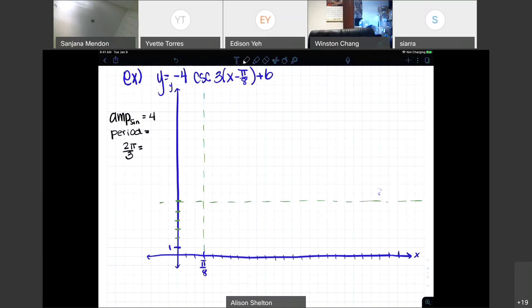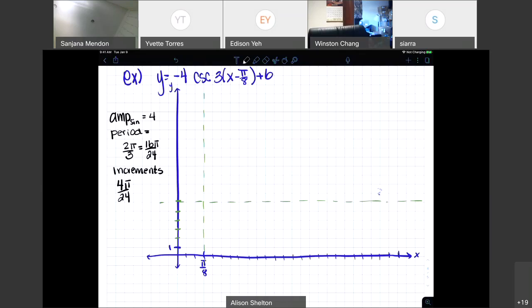So we're going to call one period, we're going to multiply the top and bottom by 8, 16 pi over 24. That'll make everything else a lot easier for us. We have increments. 16 divided by 4 is 4, so 4 pi over 24 is one increment.